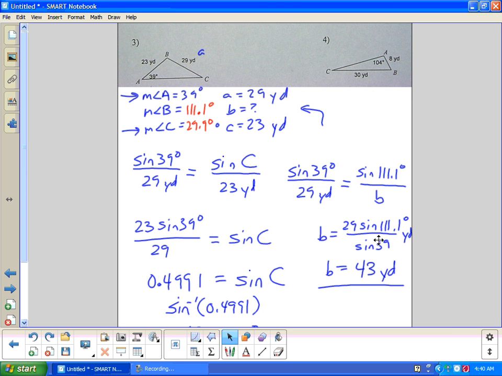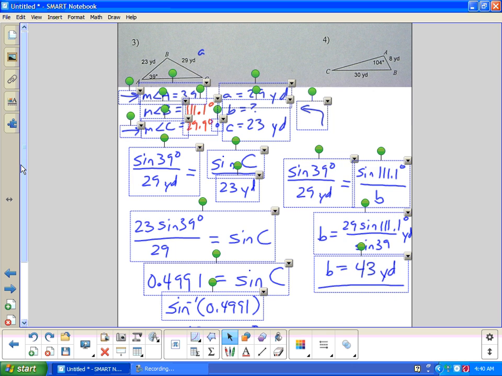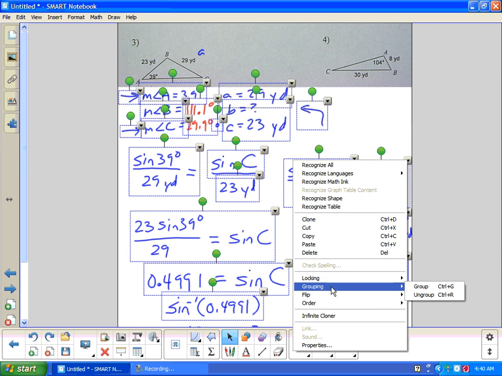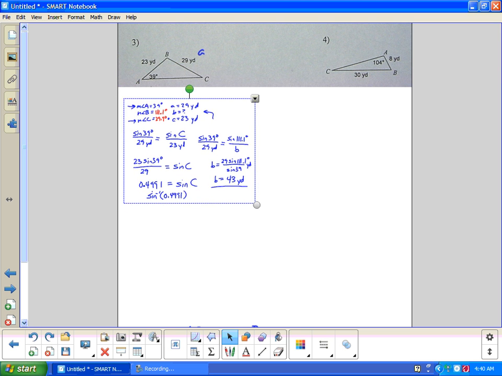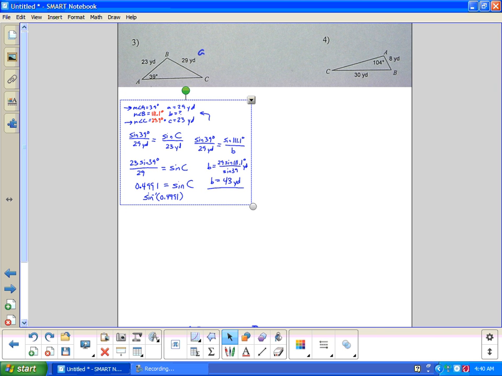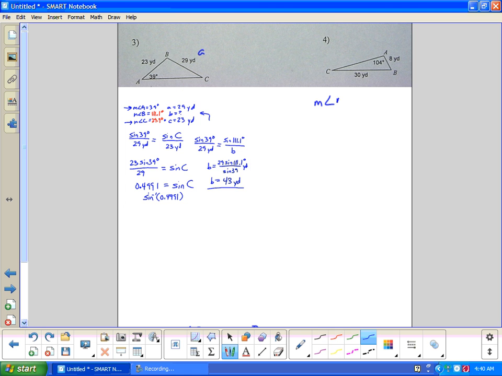Problem 4, again, gives only one angle, so it's just like problem 3. And if I shrink this down and I give you some room so you can see it, you can work this. I'll give you the answers. It follows the same procedure using law of sines. And again, you can go back and look at the beginning of the video to see law of sines. They give you measurement of A is 104 degrees. Measurement of B is an unknown.